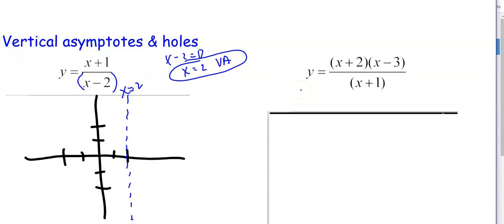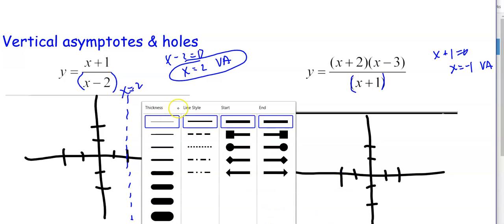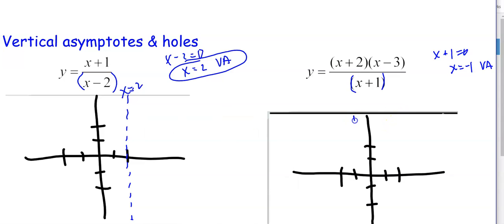On this one, you look at the denominator. Again, we're just setting the denominator equal to 0. So x plus 1 equals 0. So x equals negative 1. That is your vertical asymptote. So when you graph this graph, draw a dotted vertical line at x equals negative 1.